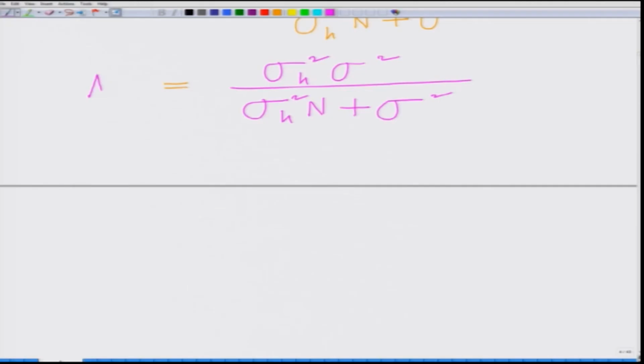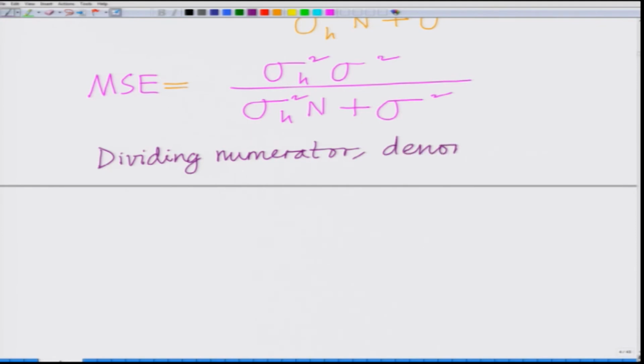So, this is your MSE, and now divide. We have the MSE can be equivalent to divided.